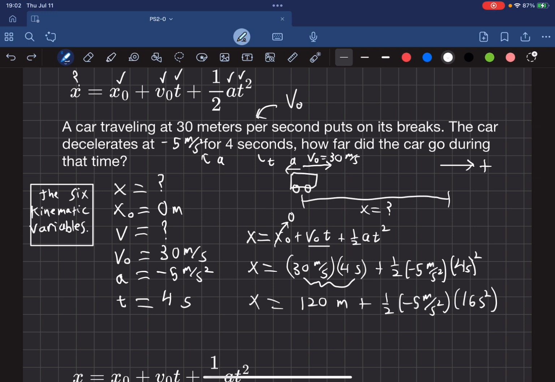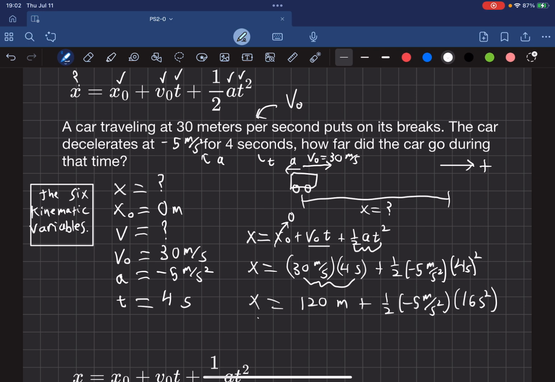So that first term represents how far it would go without acceleration. And then we have the acceleration, which this whole term on the right side is going to be negative. And because it's negative, it's going to be subtracting from the first term. So that means this last term right here is essentially how far did it not go because it was accelerating.